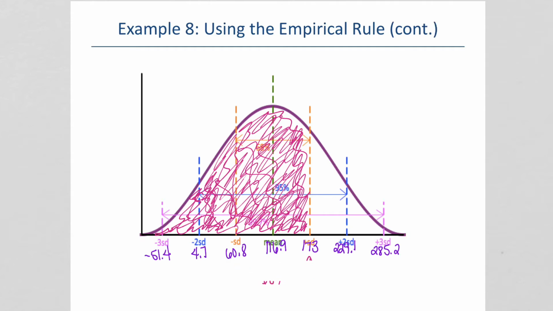We also know, if we look at this a little bit different, that from here down is 50% of the data, right? So we just need to add on this little piece right here. That little piece would be half of 68%, or 34%.